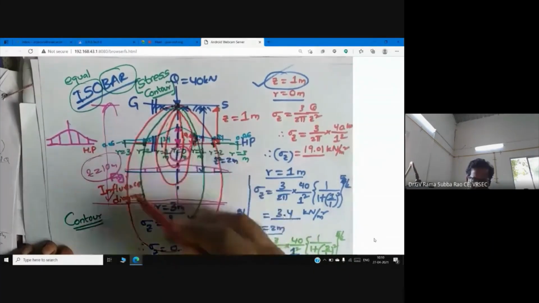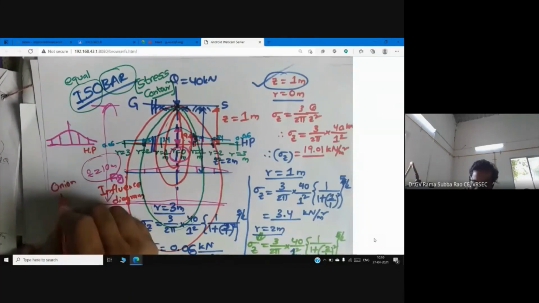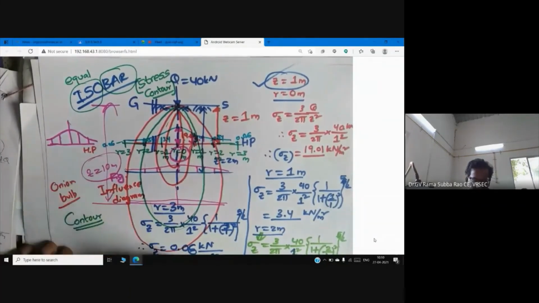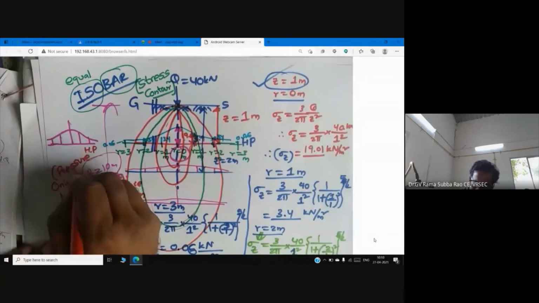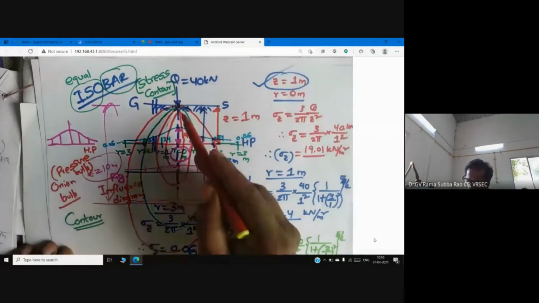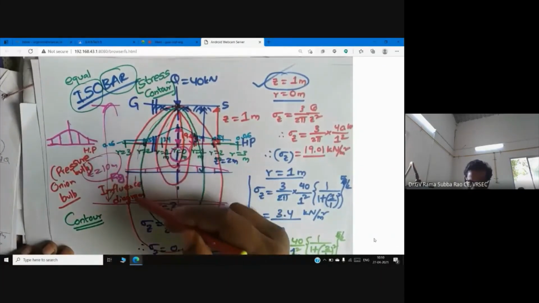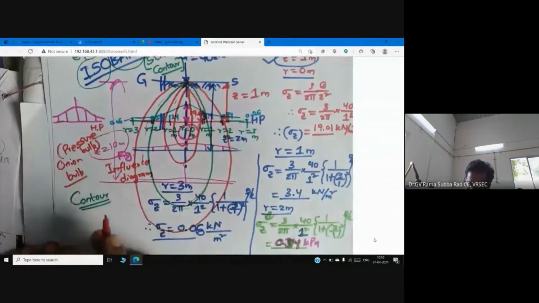To be frank, it looks like an onion bulb. That's why this is also called a pressure bulb. It looks like an onion bulb, and to be frank, the original shape of this pressure bulb is a lemniscate.